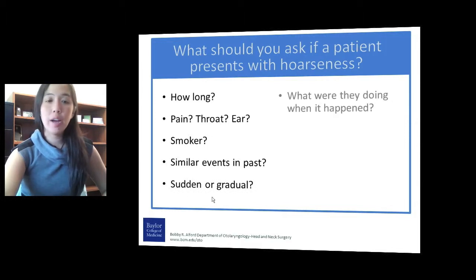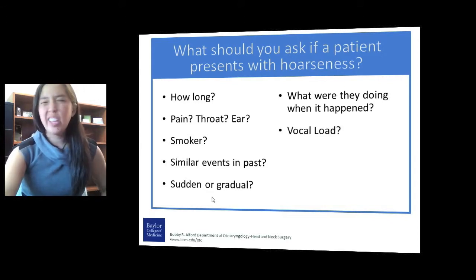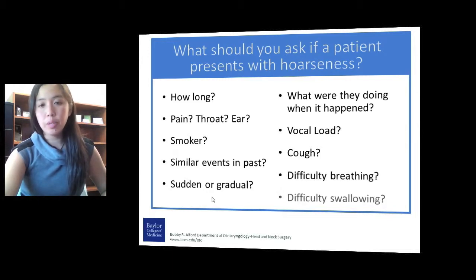Was it a sudden or gradual onset? What were they doing? Were they shouting at a football game or something and suddenly lost their voice? Do they have to do a lot of talking in their job? What is their vocal load? Are they a singer? Are they rehearsing a lot? Are they practicing for a new show with a new voice part? Do they have an associated cough, or difficulty breathing or swallowing?